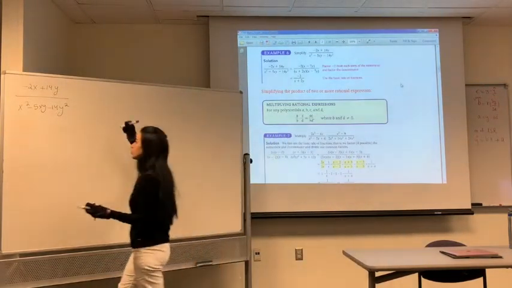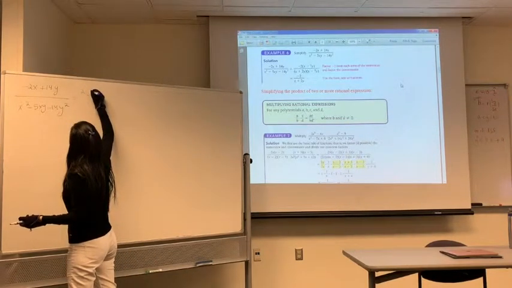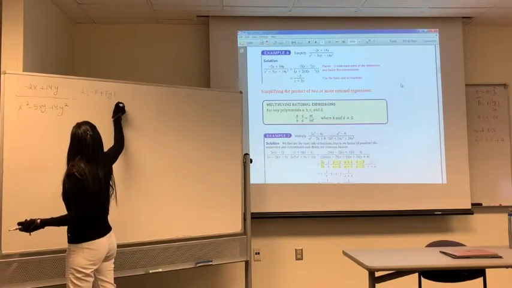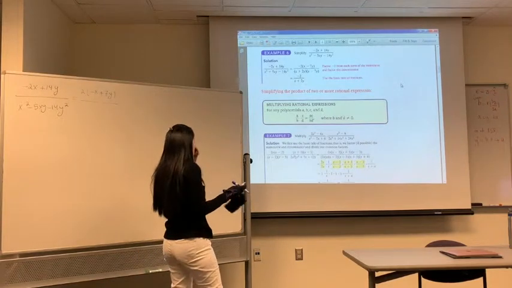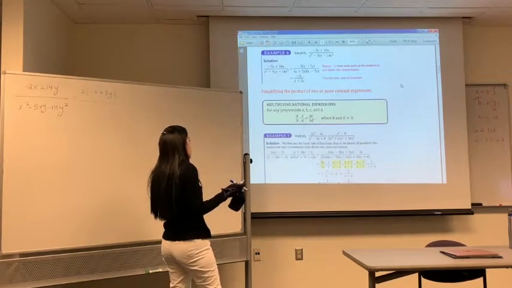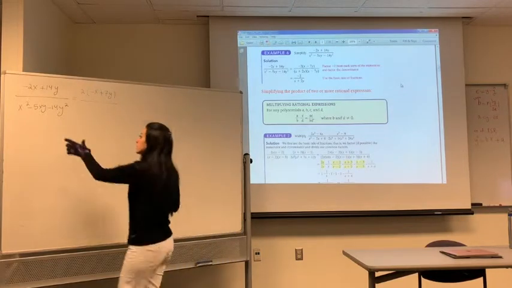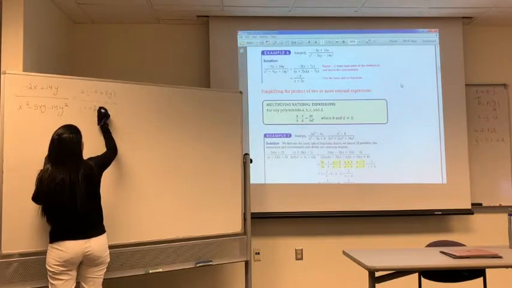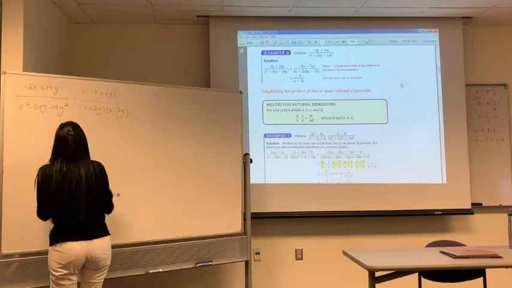So now you know, you should bring out 2, negative x plus 7y, and then they are saying this one denominator becomes x plus 2y, x minus 7y.